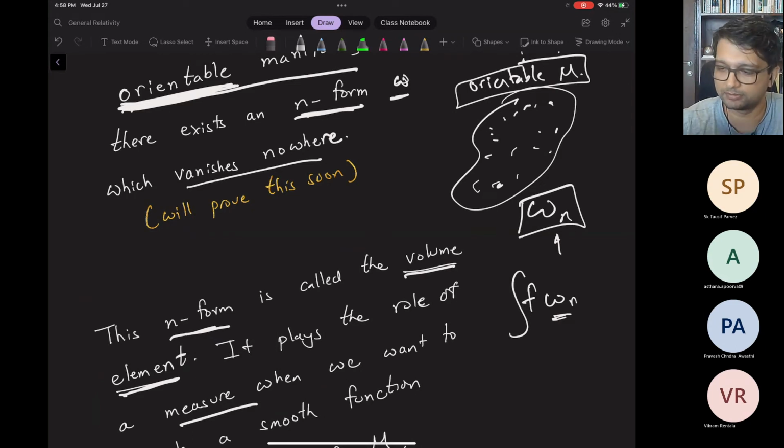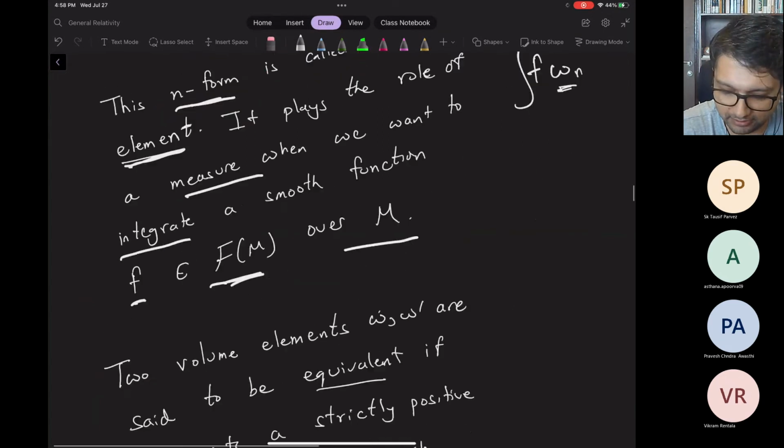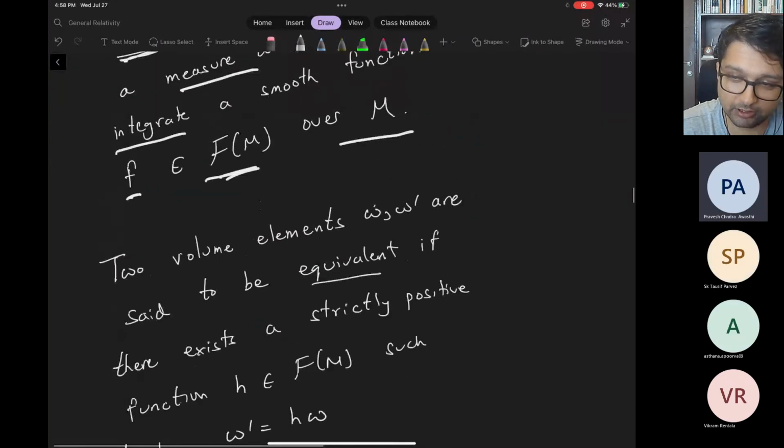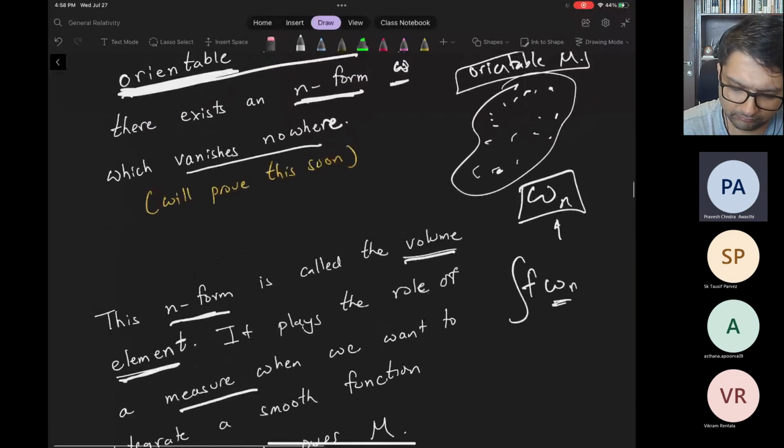Any questions? Sir, like in the case of a cylinder, if we draw a continuous curve on the outer surface, looking at it as embedded in three dimensions, then the curve will never pass through the inner surface.